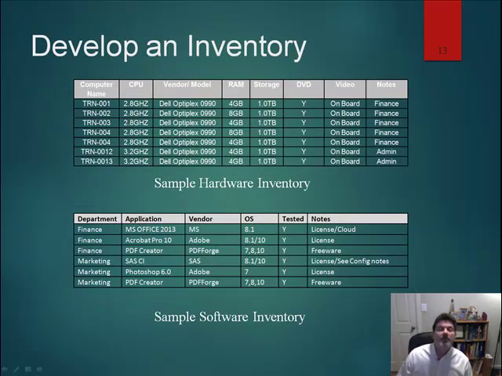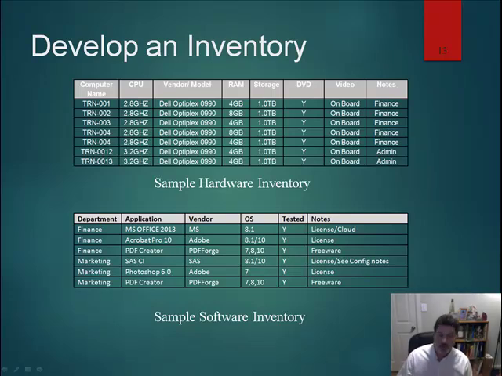Another thing that you should consider before you really begin an installation process is understand your inventory. So you're going to want to develop a hardware inventory and a software inventory that encompasses all of the systems in your network. I need to know all of the systems. I need to know the speeds of the systems, the vendors, how much RAM, how much storage, etc., in order to ensure that they're going to meet or exceed the recommended specifications.